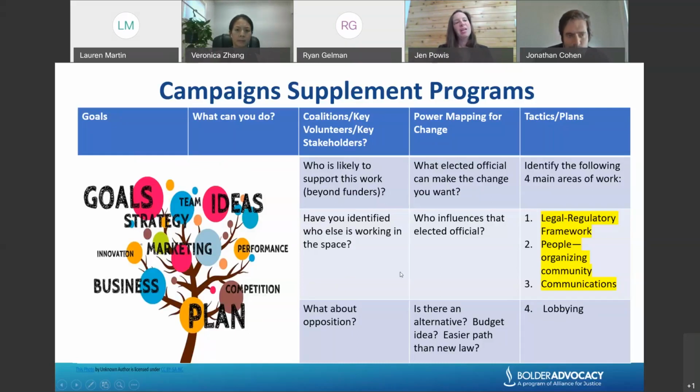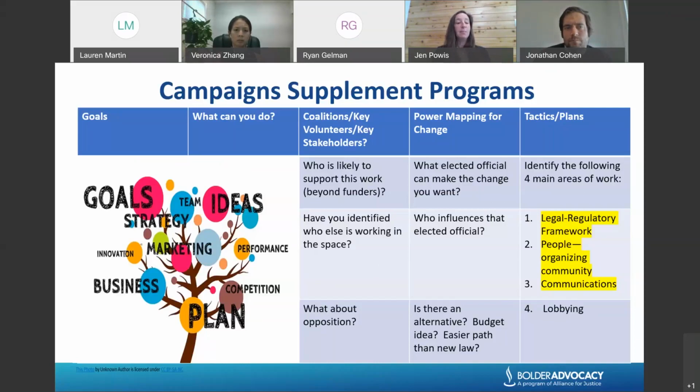Power mapping for change. Power mapping is kind of an odd word, but what this means is think through who can help you with your solution. Sometimes it is not an elected official. You don't need a new law to help you supplement a program. Perhaps it's a regulation that is getting in the way.